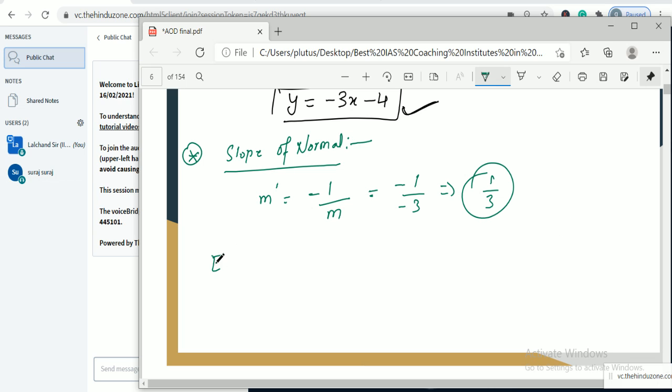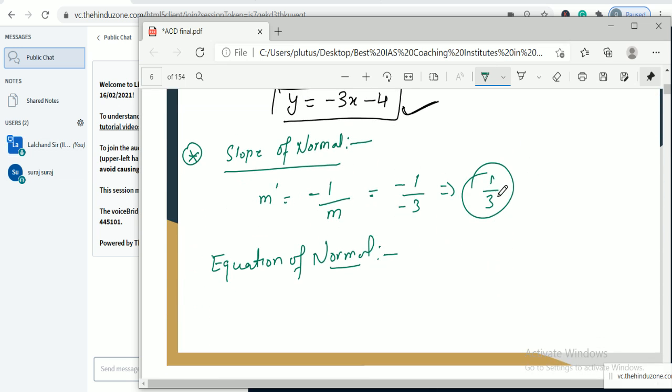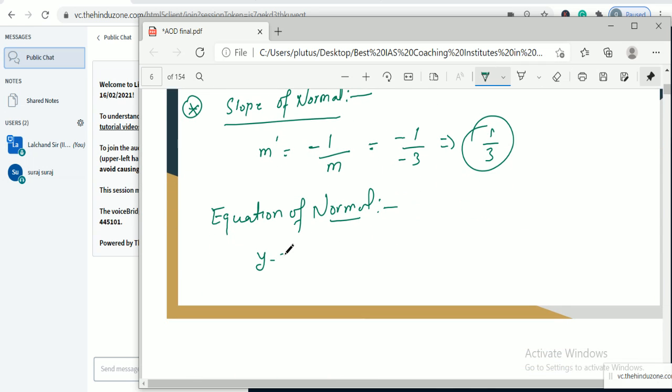So for the equation of normal, the point will be the same. Can you write the equation of normal now? Try first. This is very easy now because we have the slope and point as well. So our point is minus 2 comma plus 2. So y minus 2 equals the slope value plus 1 by 3 times x plus 2, isn't it?